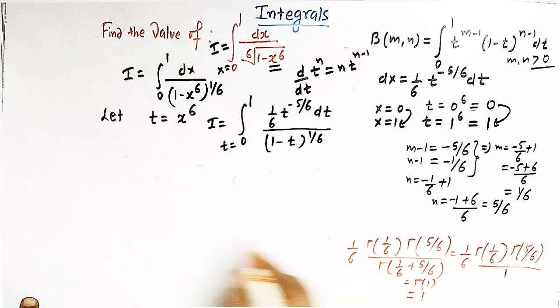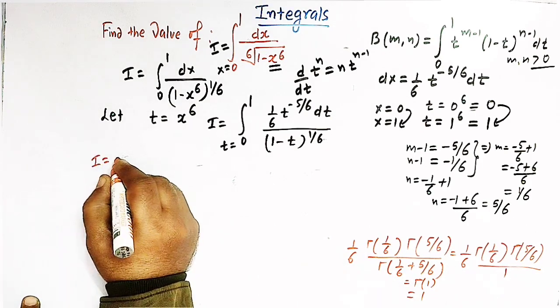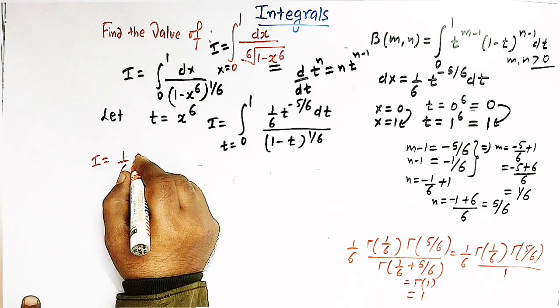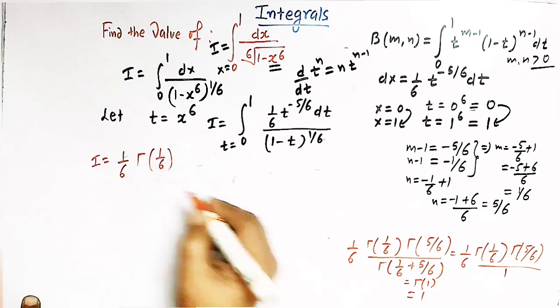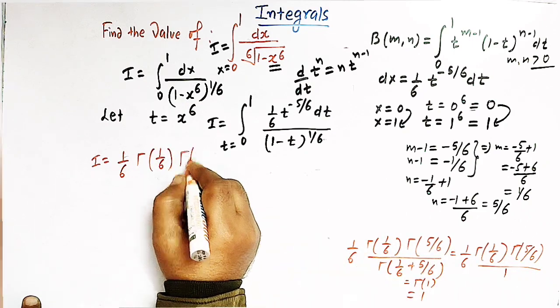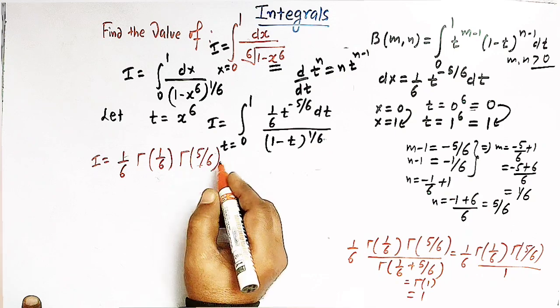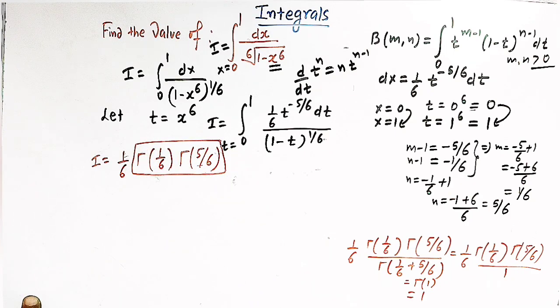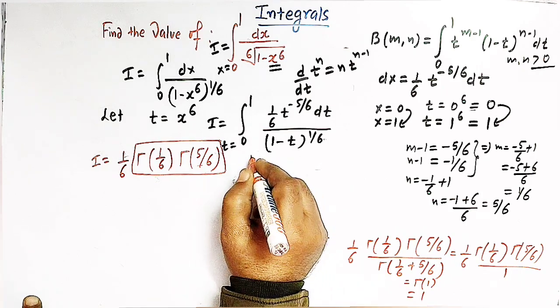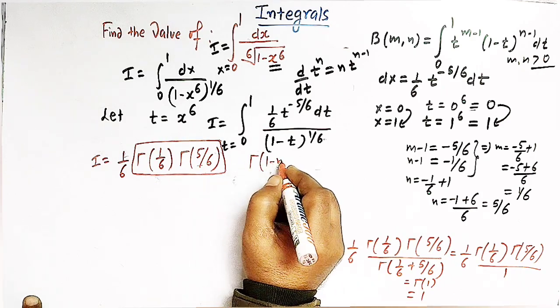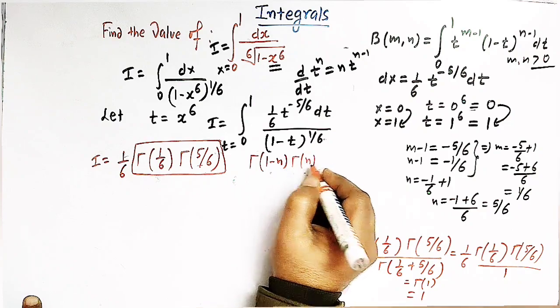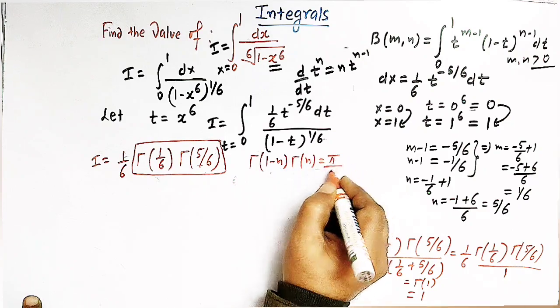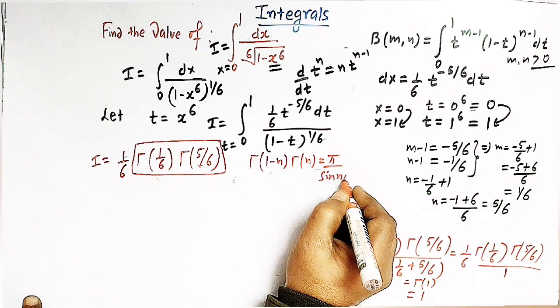So now we can write the value of the integral I as 1 over 6 gamma 1 over 6 and gamma 5 over 6. Now to get the value of this expression, we have to make use of the famous Euler's reflection formula. The reflection formula goes like this: gamma 1 minus n times gamma n is equal to pi divided by sine n pi.